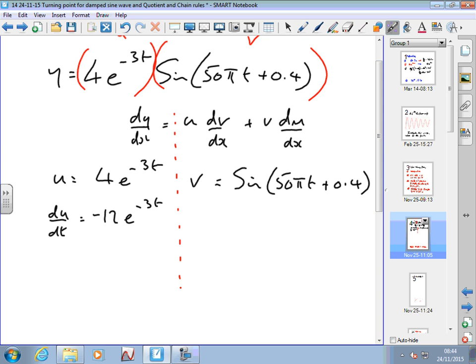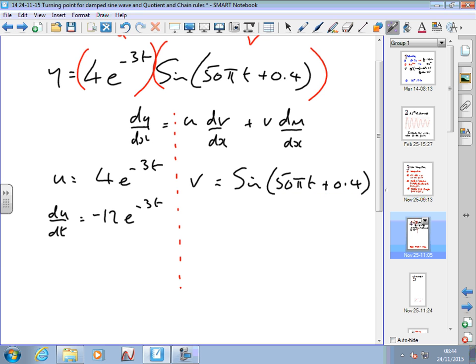This one needs a little bit more thought. As we'll see when we get to these sorts of functions a bit later on, I've actually got a bit more than just a straightforward sine 4x or sine 3x or sine 50 pi t. I've got this 0.4 added onto it.